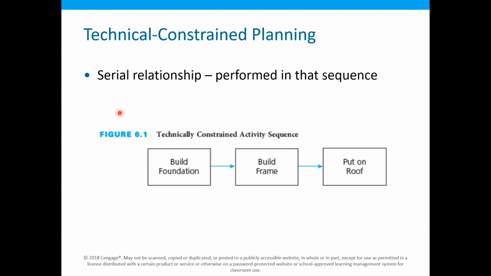For example, building the foundation is succeeded by building the frame, whereas building the frame is succeeded by putting on the roof. So we cannot establish a roof without building a frame, or build a frame without establishing a foundation. That means we cannot change the sequence of such activities in the project, because these are technically and logically constrained.